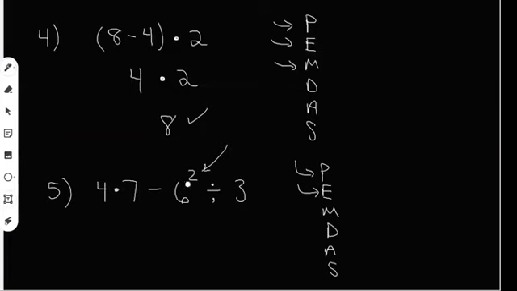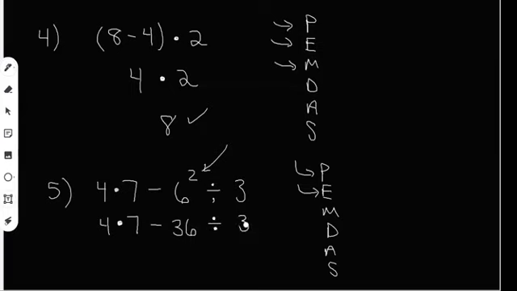What's 6 squared going to be? 6 squared is 6 times 6. That is 36, right? So we do that first, and then we bring down the rest of the stuff. So I need to bring down the 4 times 7 and the minus sign in the middle, and then the divided by 3 at the end.